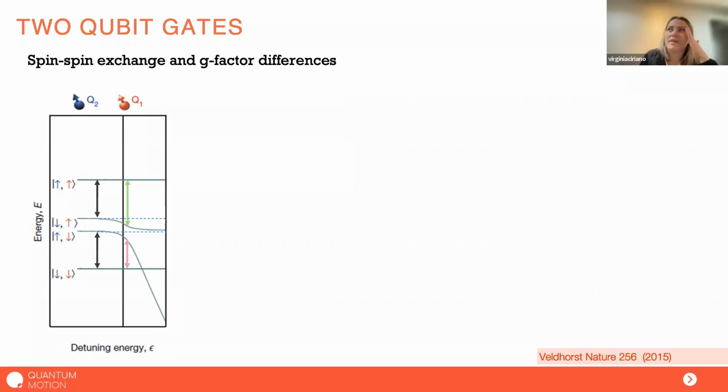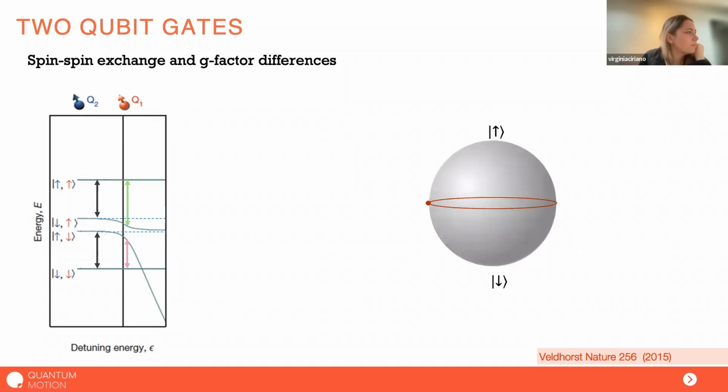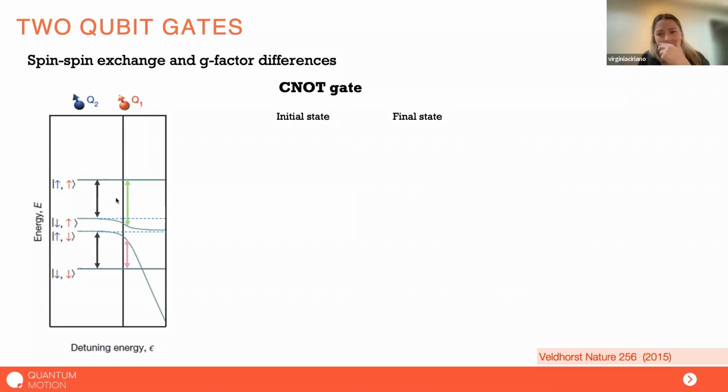So we can take advantage of this situation. This situation was different Zeeman energies for one of the dots depending on the state of the other electron. And we can use this to make a CNOT gate.